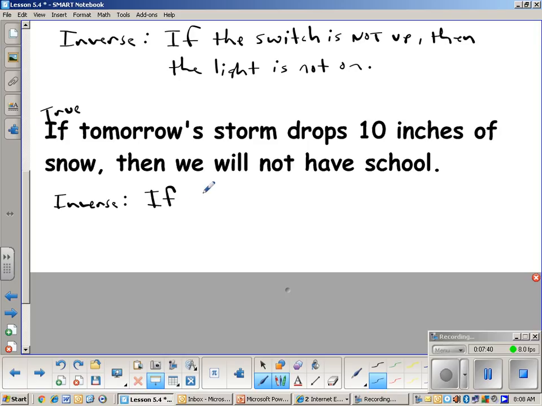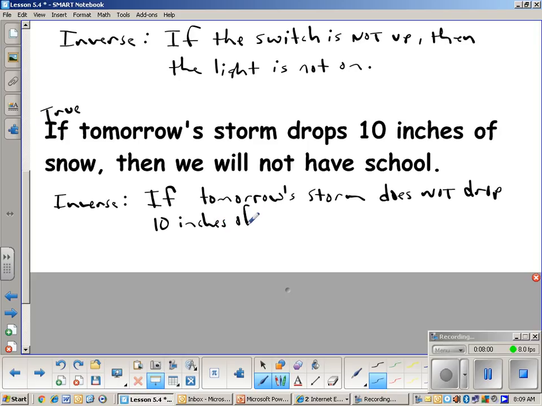If tomorrow's storm does not drop 10 inches, and we will have school.